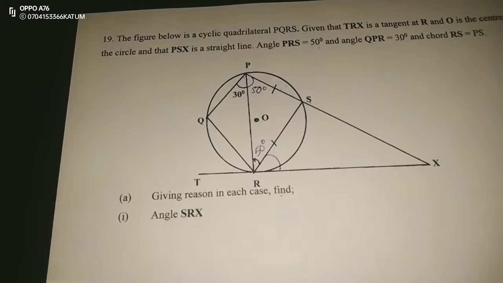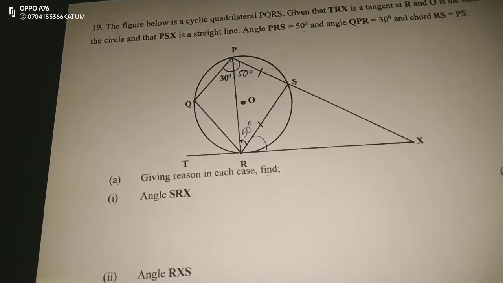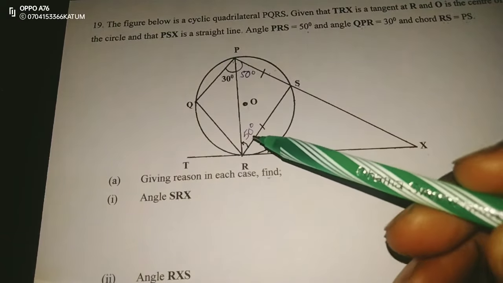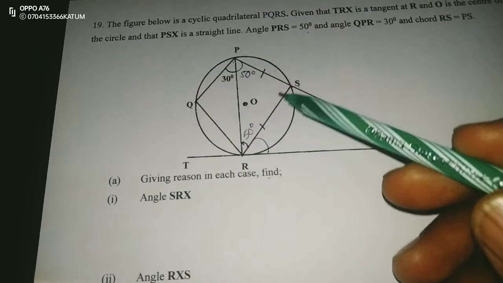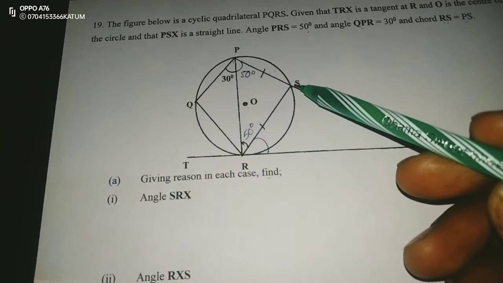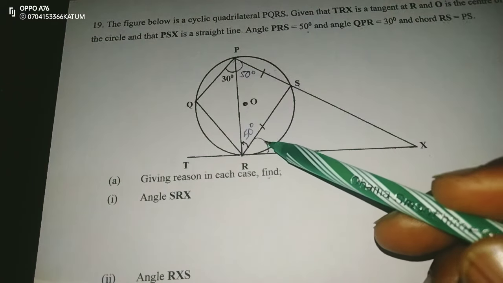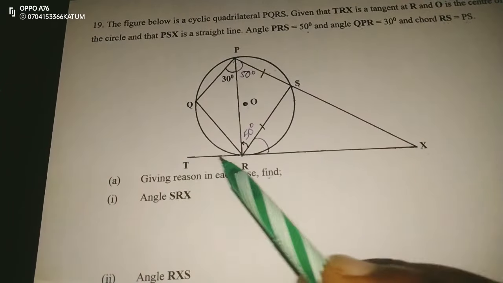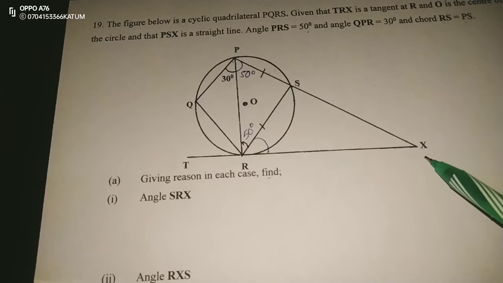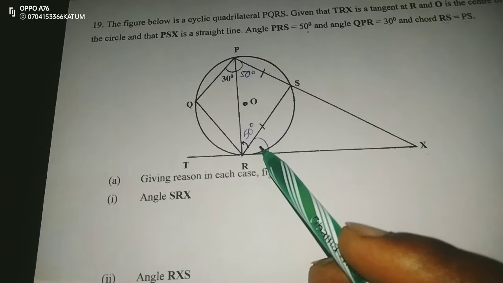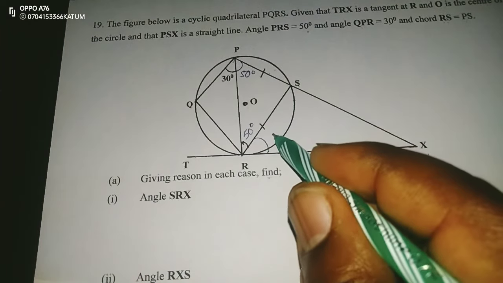Now that is a 50 degrees angle, and that angle has been produced by chord RS, and the same chord SR is leaving an angle with a given tangent to the circle, then it means the angle left here is equivalent also to 50 degrees.